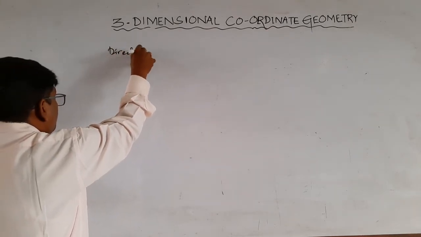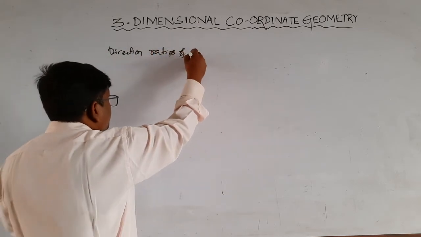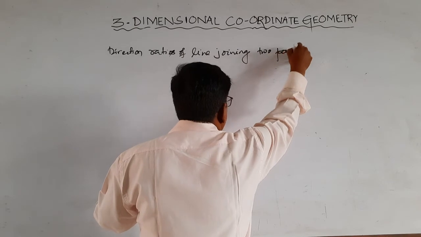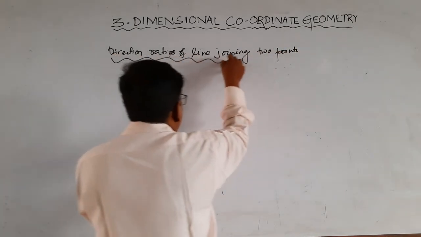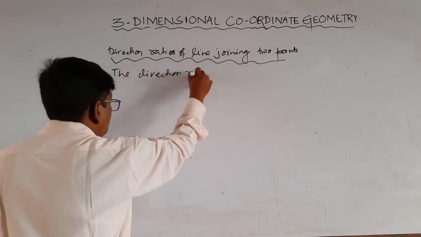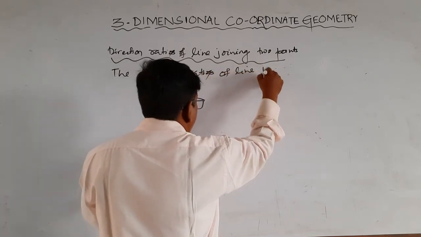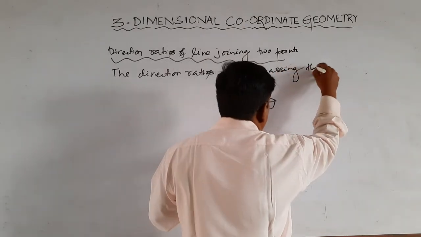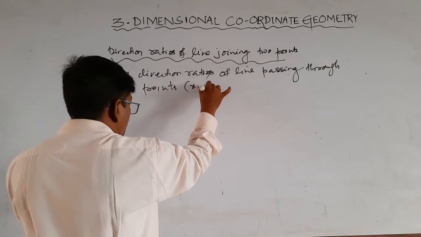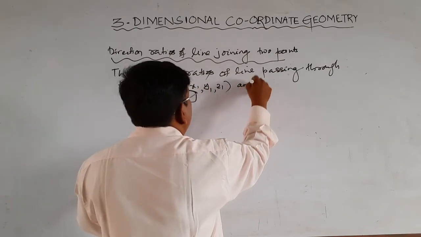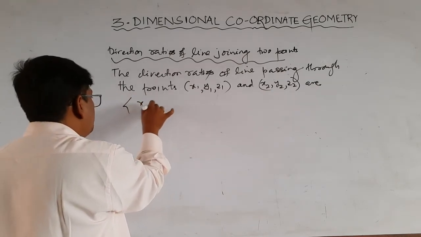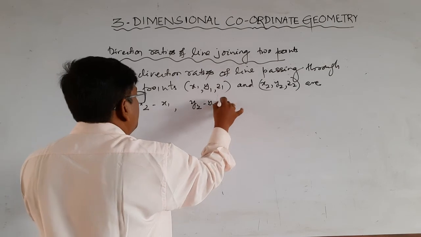The direction ratios of the line passing through the points x1, y1, z1 and x2, y2, z2 are x2 minus x1, y2 minus y1, z2 minus z1.